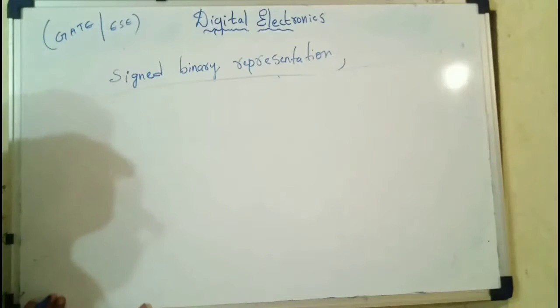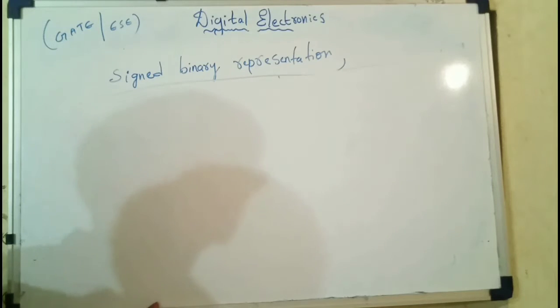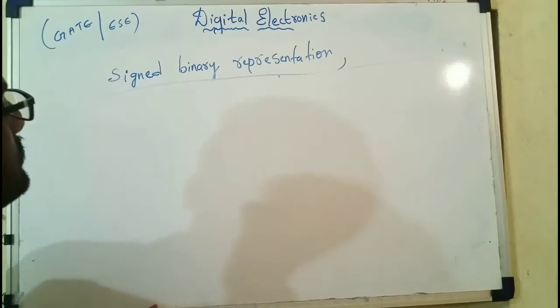There are also other disadvantages with sign and magnitude and one's complement. These are overcome with 2's complement representation. Take an example of 1011.